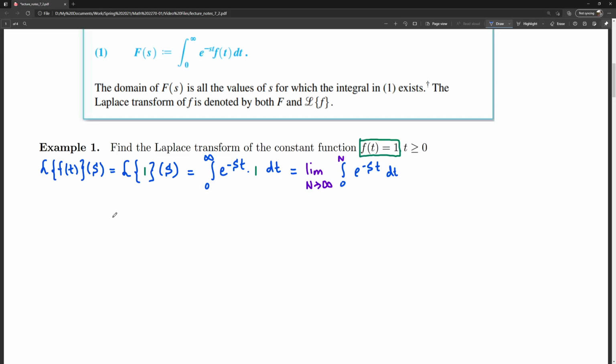So we can then find the antiderivative of e to the power negative st and use the fundamental theorem of calculus.